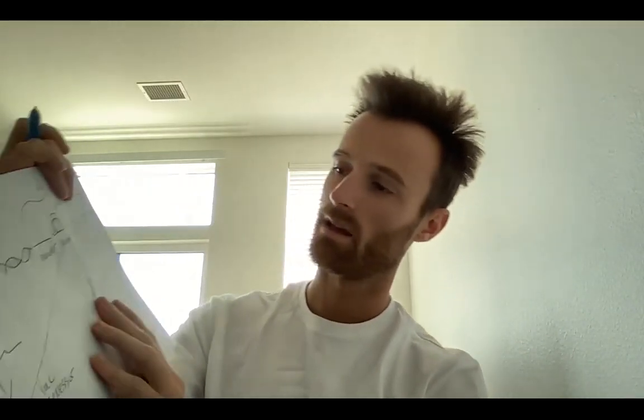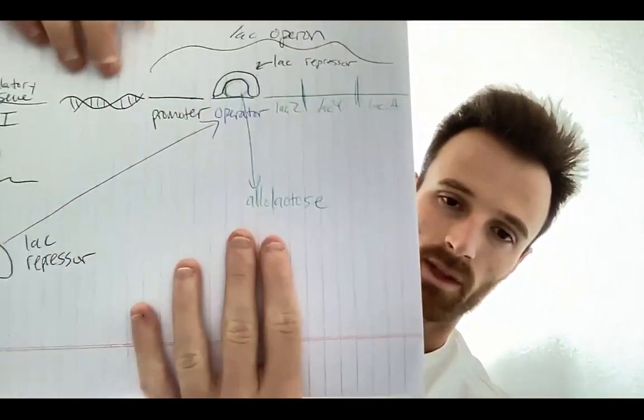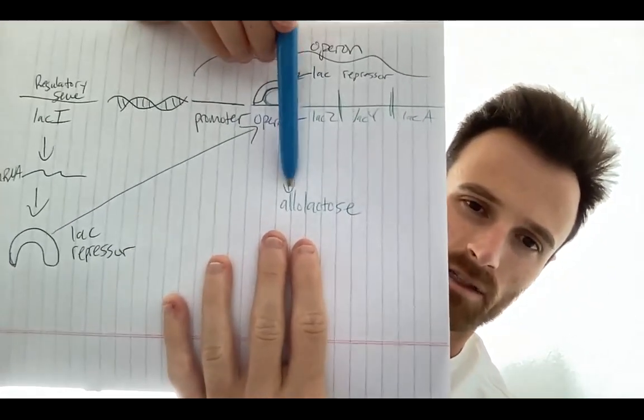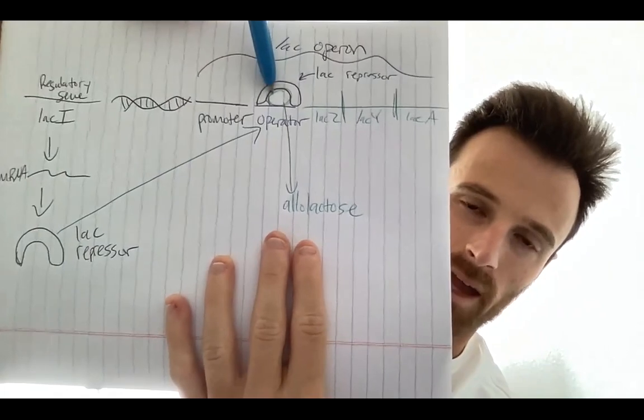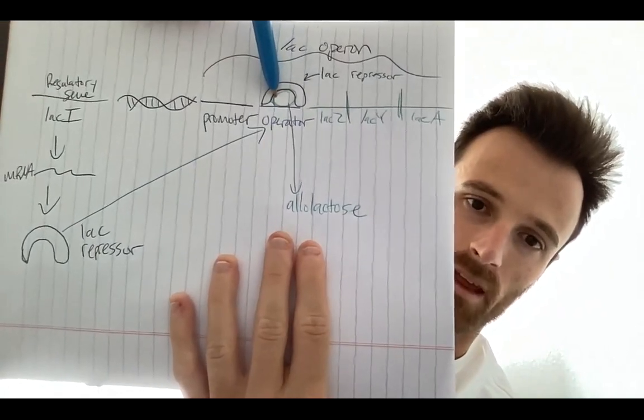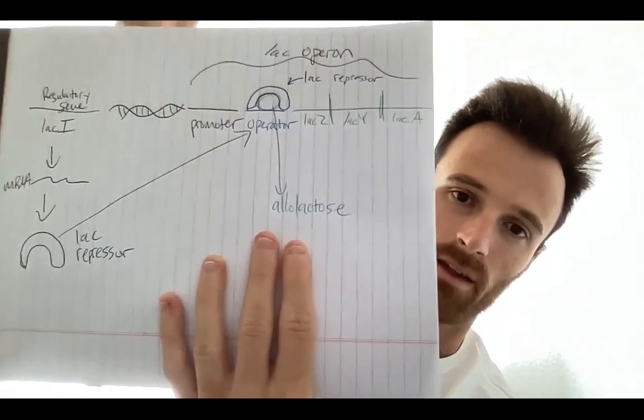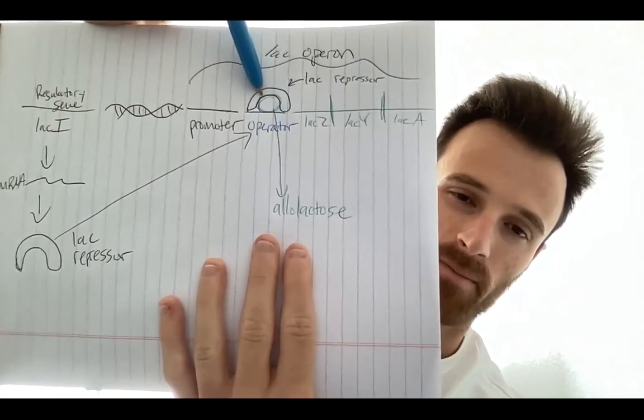So I'm going to draw allolactose as a green circle. So when lactose is around, allolactose is formed, and it's going to bind here. Actually, I should draw the arrow the other way. I'm just kind of labeling it.